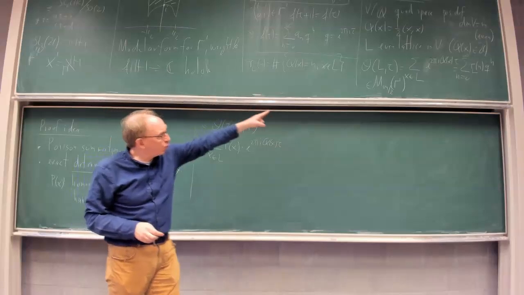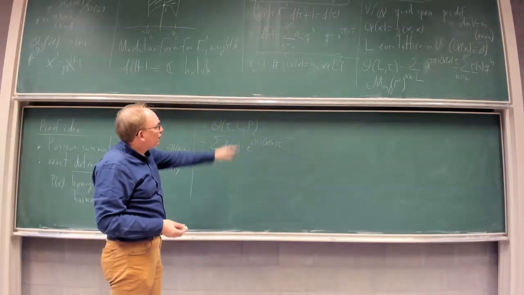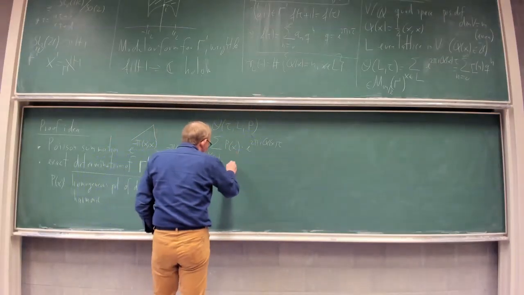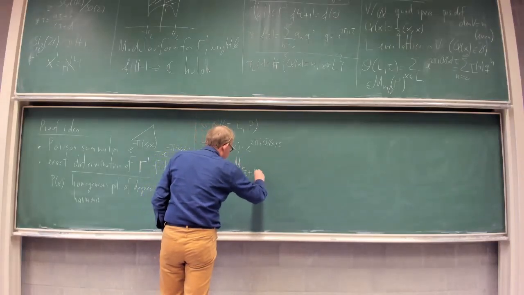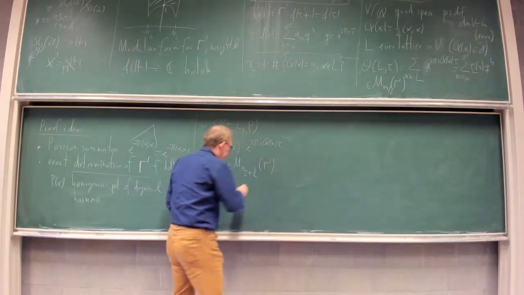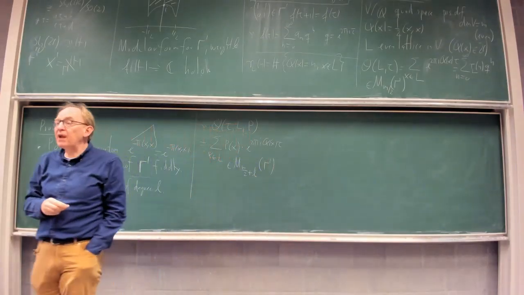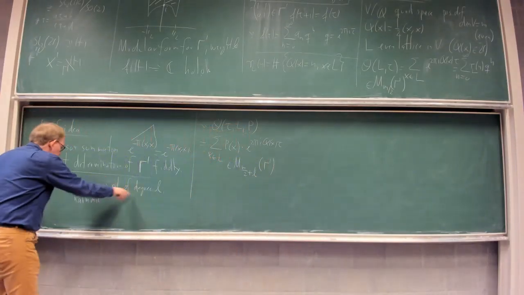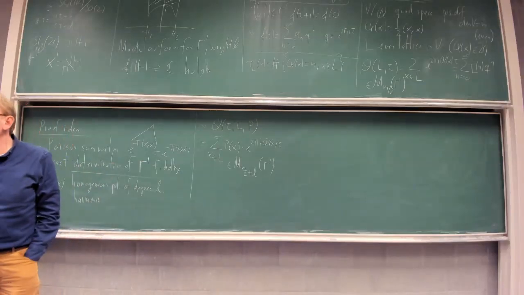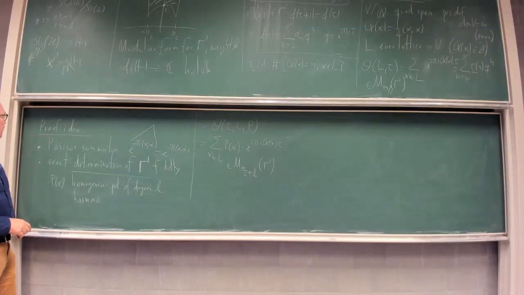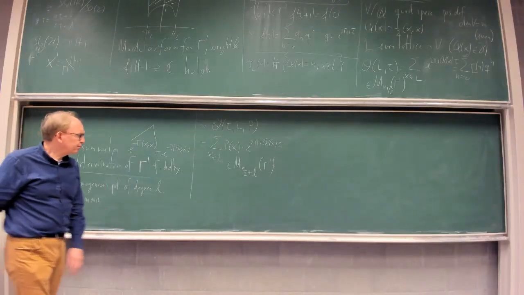So if P is the trivial polynomial 1, this is the theta series from before, and this gives you a modular form of weight m plus L, where L was the degree of the polynomial. Roughly speaking, the proof is the same thing.